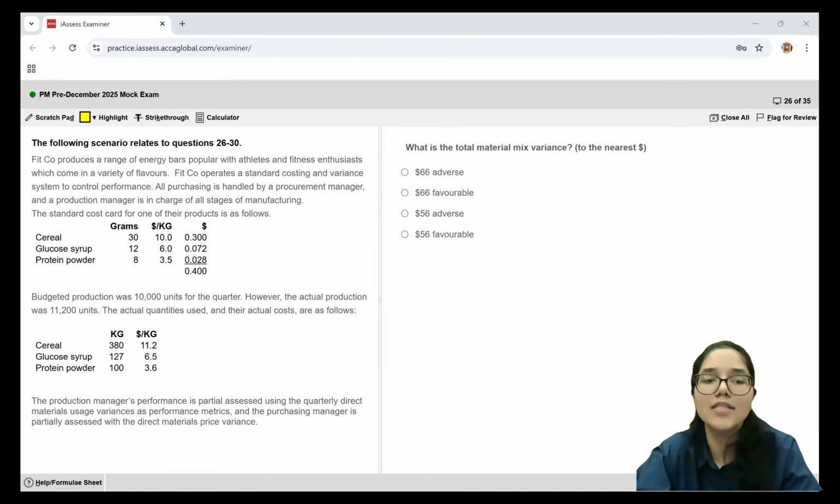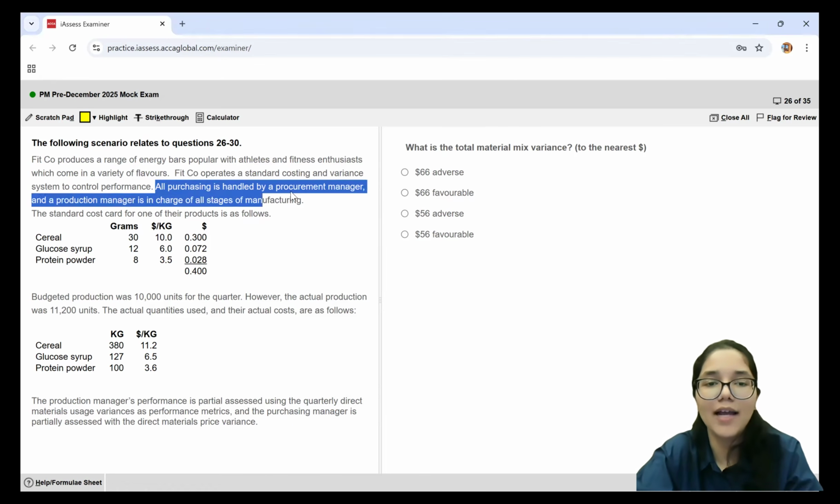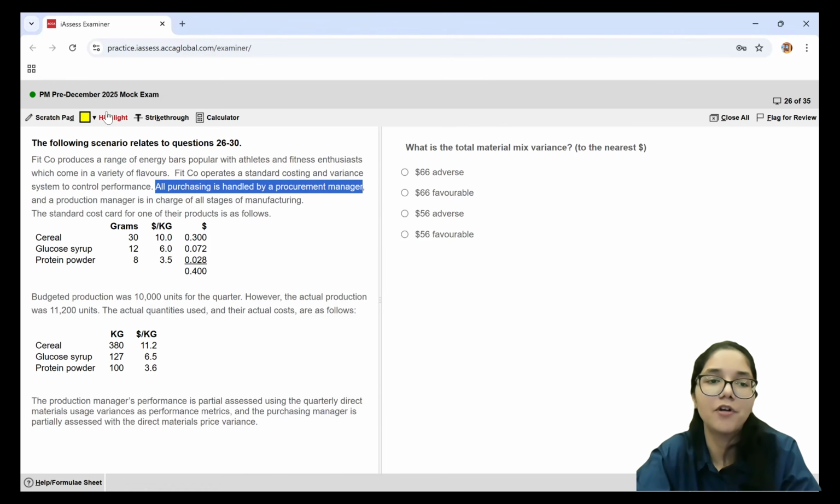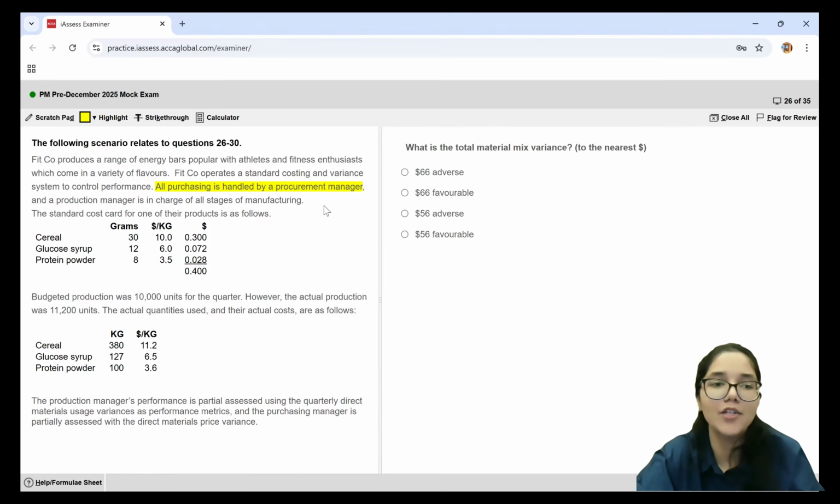The standard cost card of one of their products is as follows. I can also highlight one important thing before I forget: all purchasing is handled by the procurement manager and the production manager is responsible for the actual manufacturing. So two different people are doing this job. The standard cost card for one of the products is given as follows.